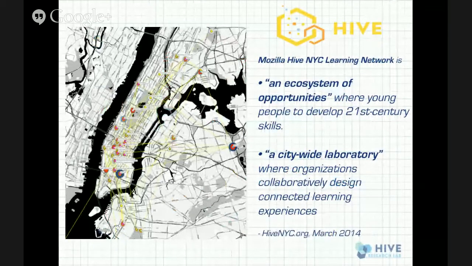It's been described as an ecosystem of opportunities for young people, a network for learning for middle schoolers and high schoolers, as well as a citywide laboratory where educators can come together, share their stories and good practices, and learn from one another. So it's also a network that learns. On the left is a map showing where the organizations are located. You can see that there is representation in all 5 boroughs with a concentration in Manhattan.